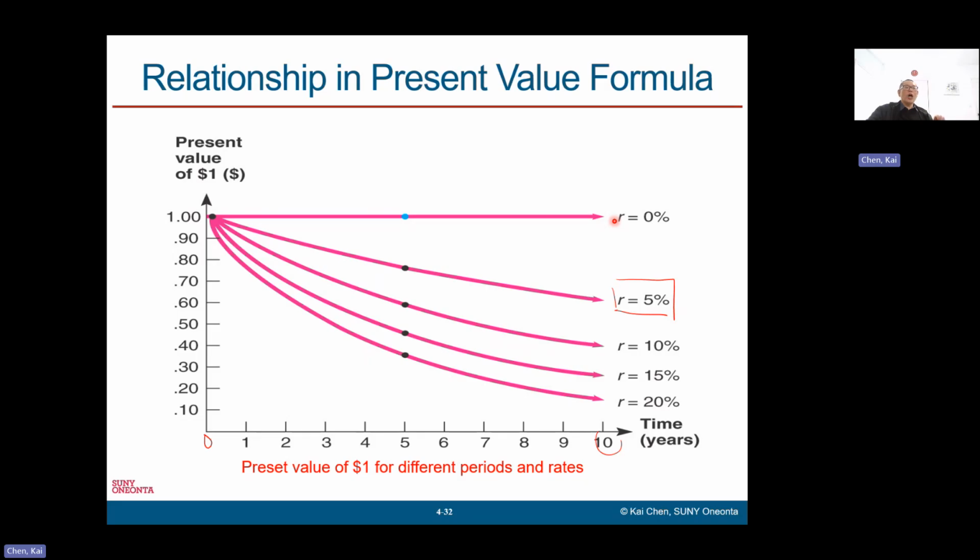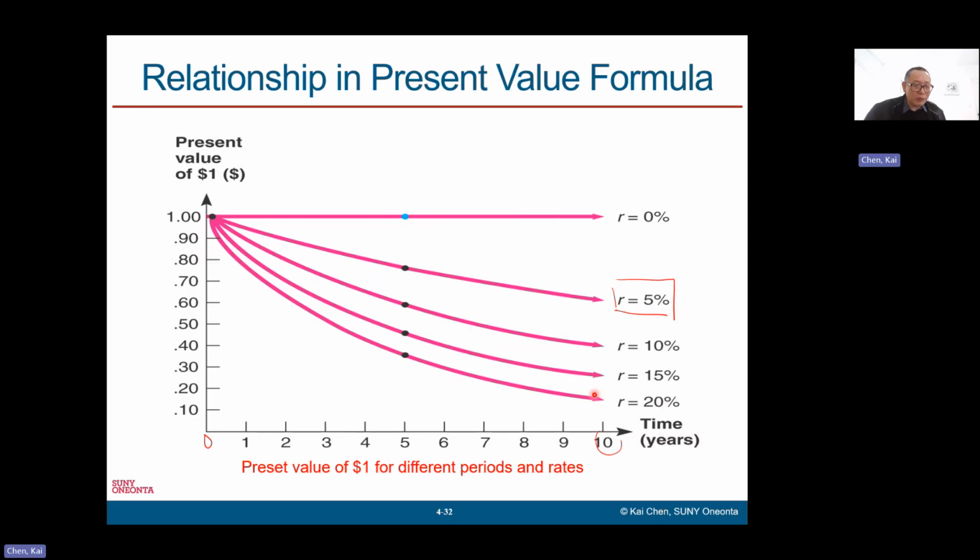That means when R equals 0, no matter how long you hold your investment, the initial dollars you invested does not change. It is always $1. It is easy to understand, right?